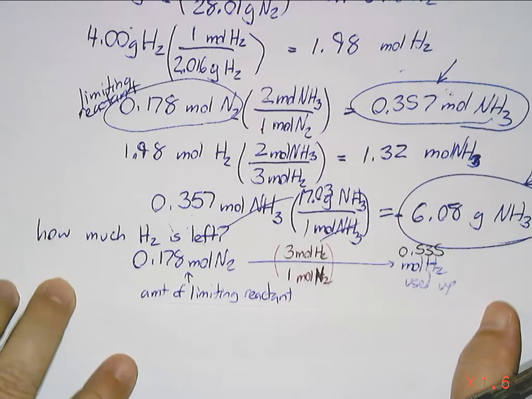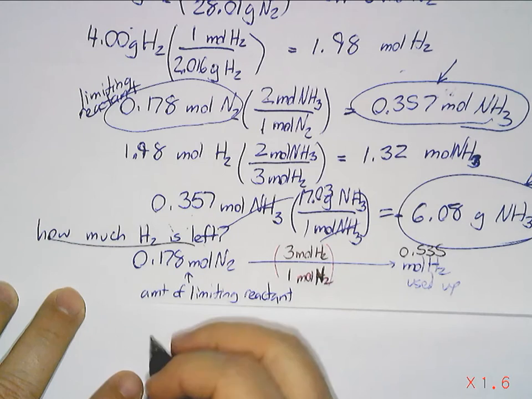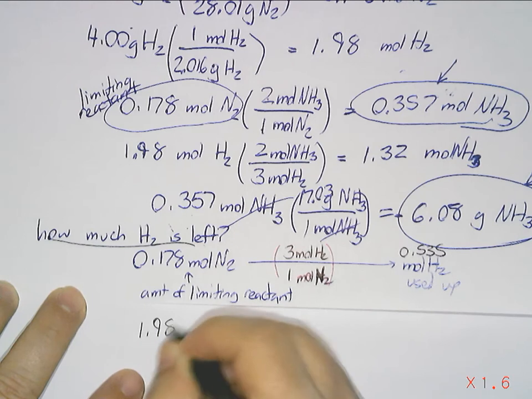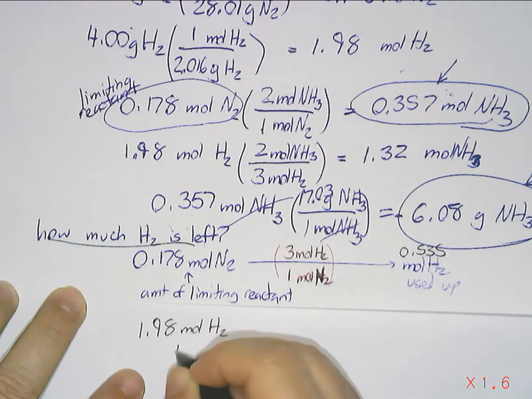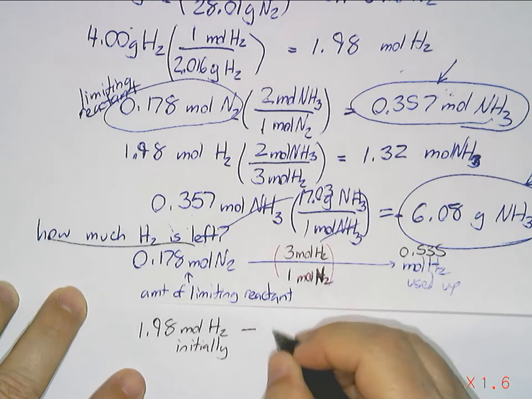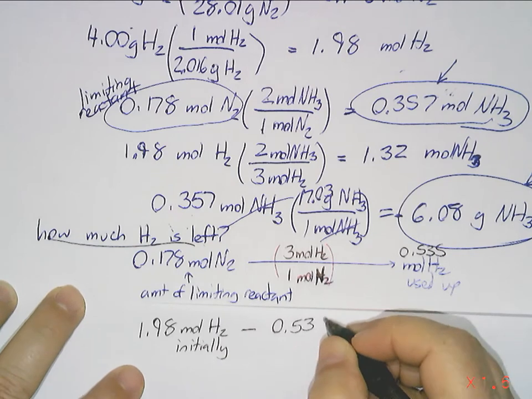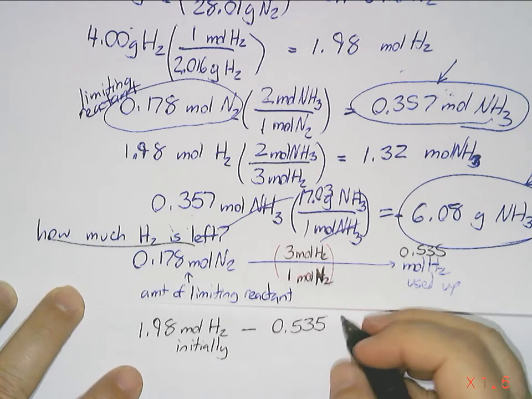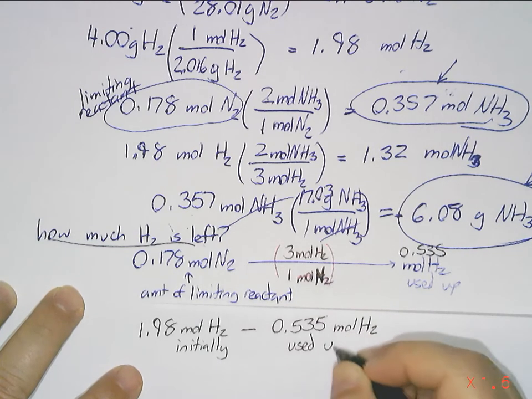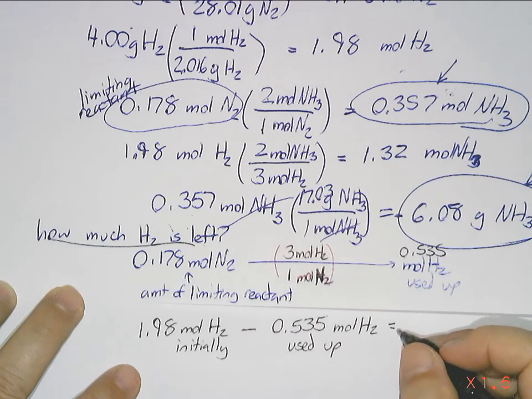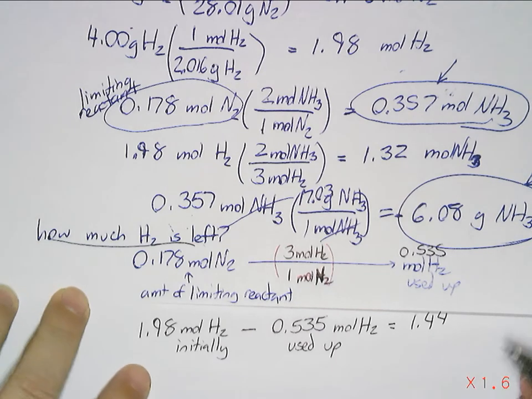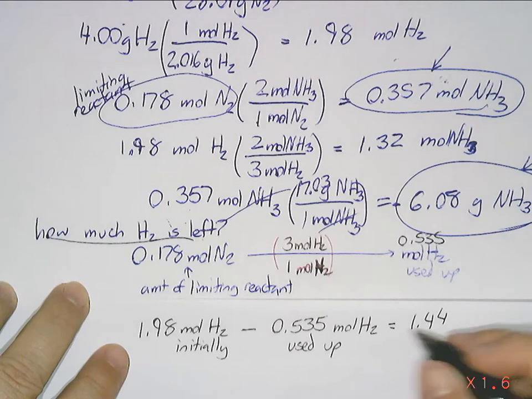All right. So the initial amount of H2 that I had was 1.98, minus 0.535 moles of H2 used up is going to give me, what, 1.44, something like that, 1.45 I think.